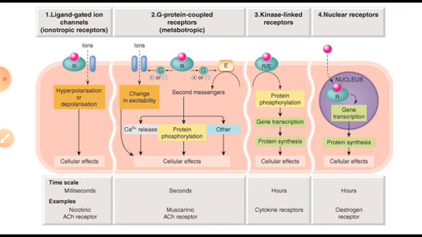That also needs hours to produce its effect. Various hormones use this method, for example estrogen receptors. So I hope you understood a broad category of the receptors and their divisions.